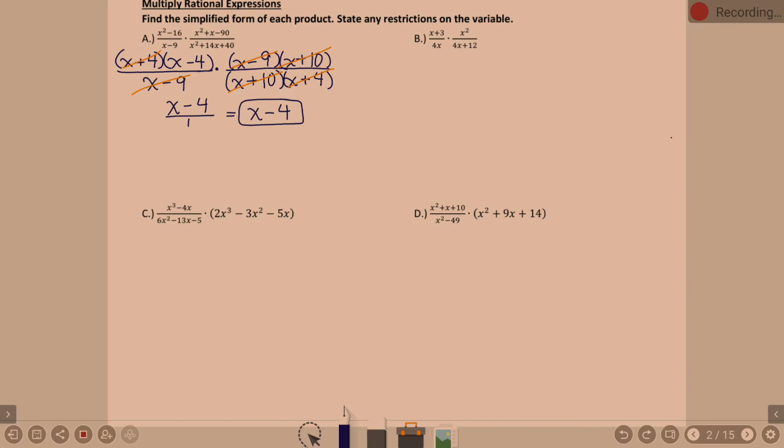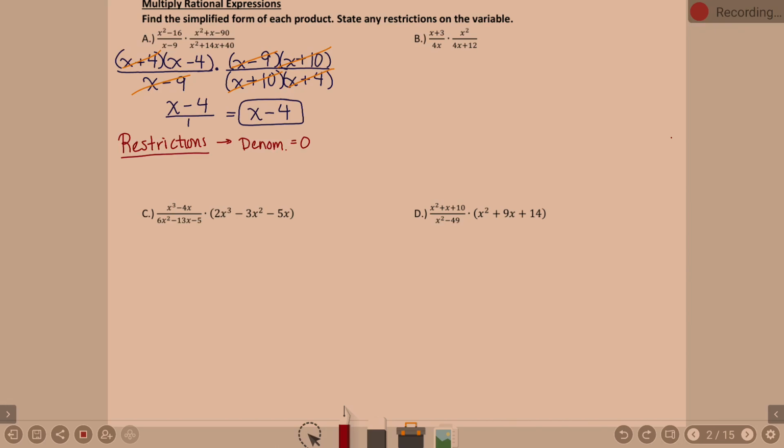Okay. Now, did it ask for restrictions? It did. How are we going to find restrictions? Set your denominators equal to 0, anything that ever was or is in the denominator.